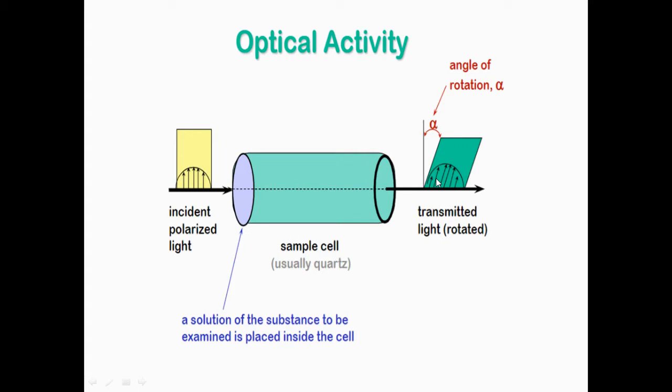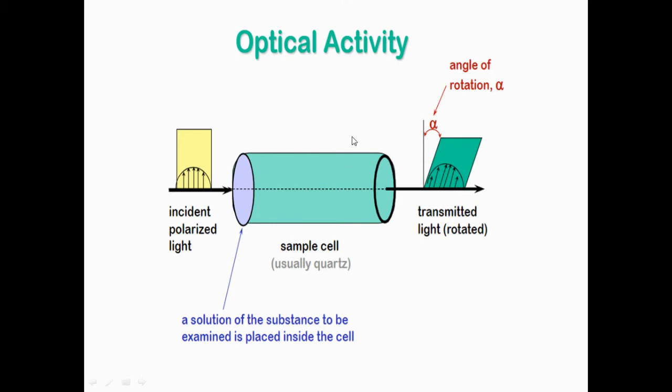The extent to which the plane is rotated is measured by alpha. Alpha is the angle of rotation, the extent to which the solution changes the plane of the plane polarized light. Sometimes it changes towards the right or sometimes towards the left.